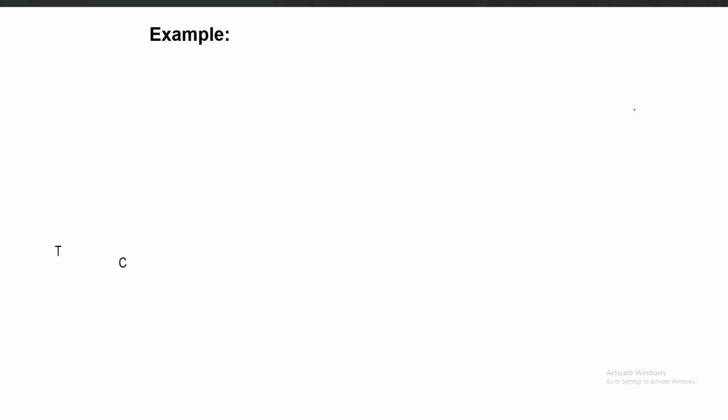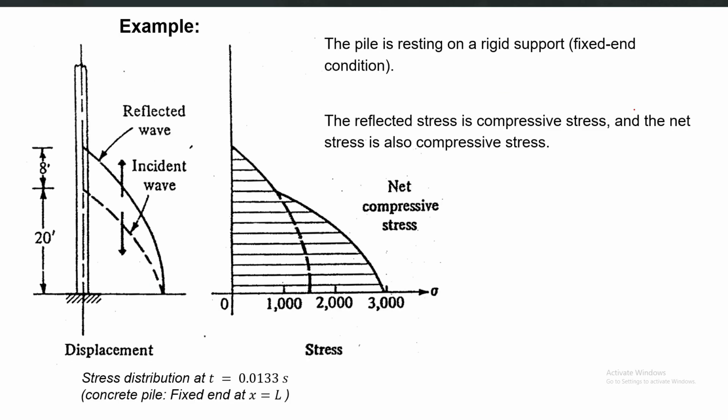So this is one example of two different boundary conditions. Let's say that you are applied with some impulse loading here, P of T, and let's first take the case of the fixed support. This is the incident wave, the dotted line, and the reflected wave is the solid line.